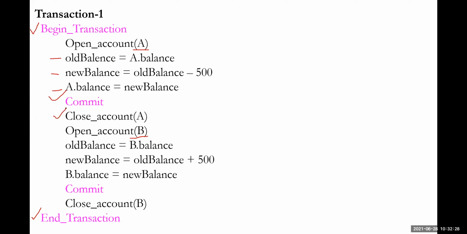Then close account A. Then open account B, take the old balance from account B, add the 500 to that balance, update the same, and then apply commit so that it is completed. These are the operations we have to perform.